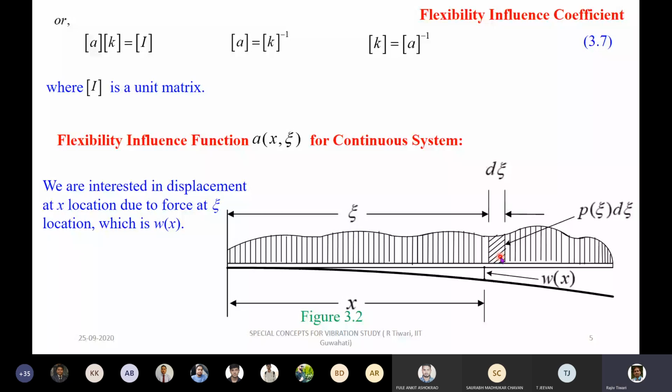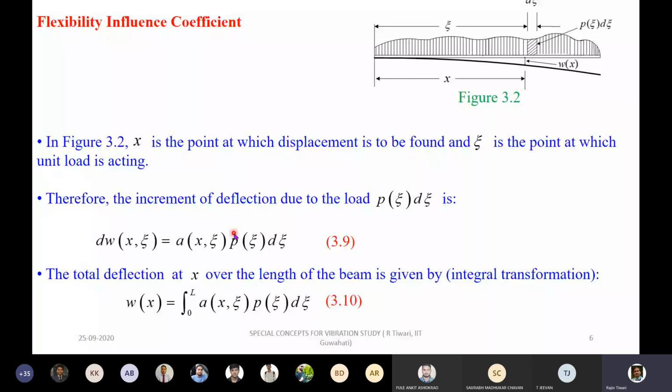Then when we want to find the displacement at this location because of forces all over the beam, here instead of summation we'll do integration. That will be the only difference. So you can see this is the small displacement at the x location because of the force at xi, only this particular force at xi.